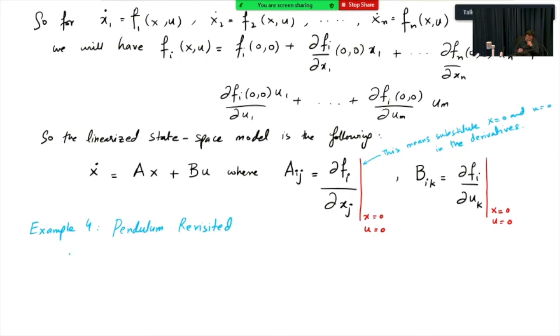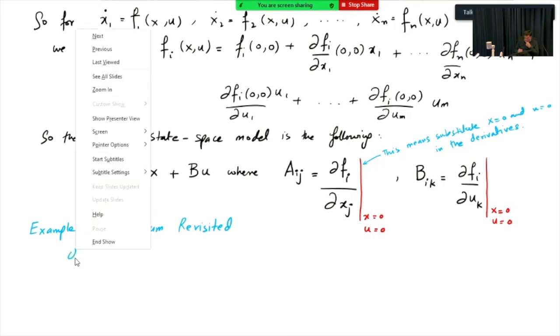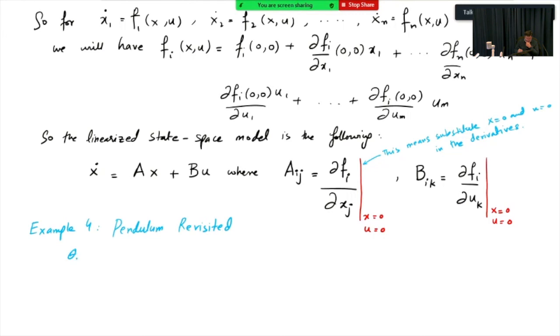Remember, the pendulum example had a state space model. Theta 1 dot equals theta 2, and theta 2 dot equals minus g over L sine theta 1 plus 1 over mL squared times TE.